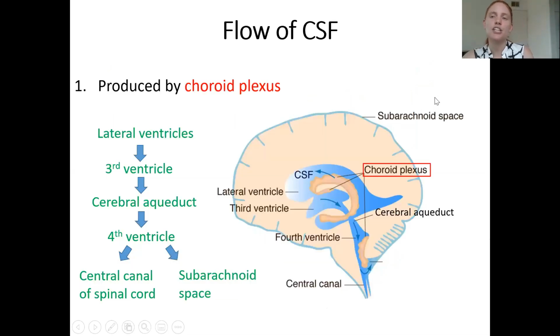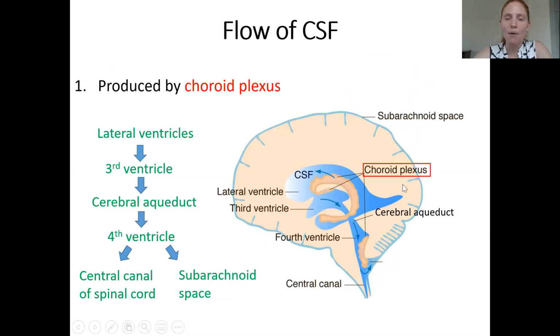So you can actually follow the movement, the flow, of the cerebrospinal fluid. Remember when we were talking about neuroglia and the ependymal cells? Their job is they have those cilia that create the currents that cause the cerebrospinal fluid to flow.